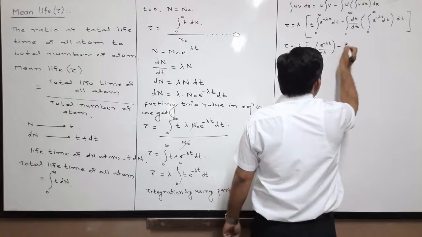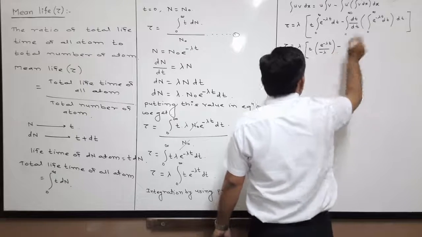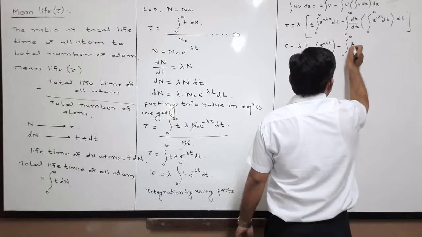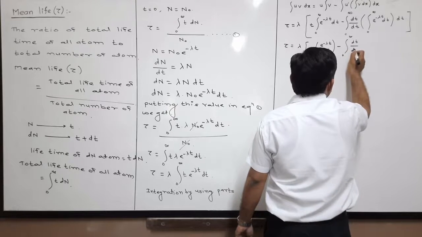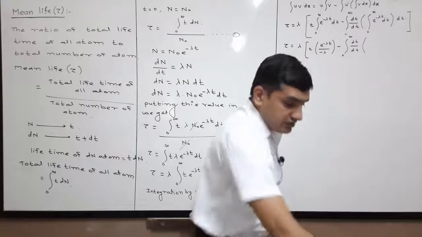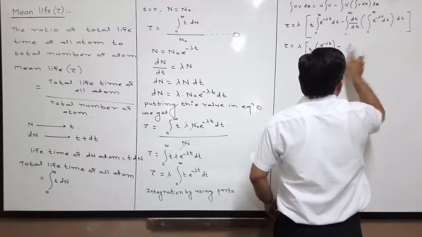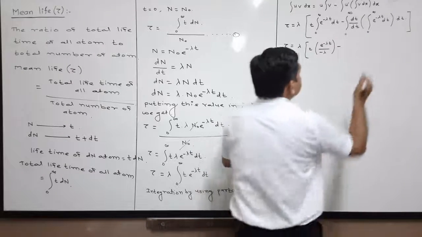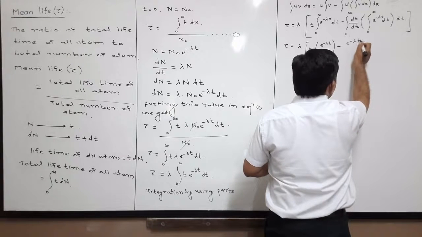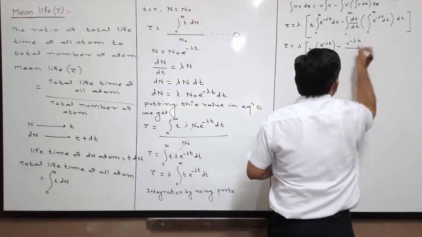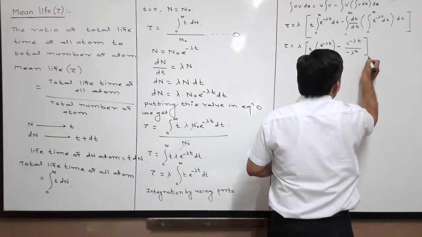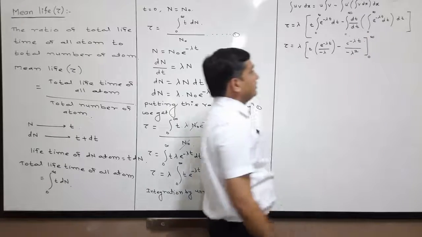Minus, here when we solve this integration of 0 to t dt upon dt. When we solve all these terms, we get this is the integration of e raised to minus lambda t divided by minus lambda square, and from 0 to infinity.